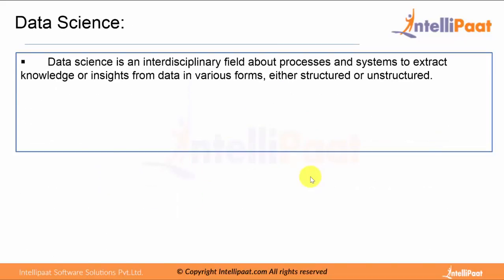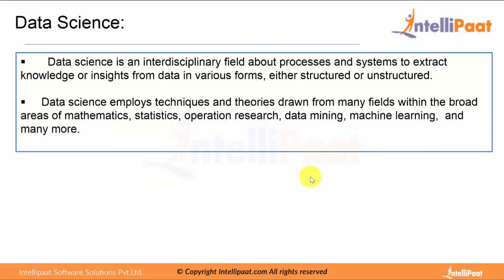Now, okay, these are the problems. How can data science help organizations address these problems? Data science is not about a tool or a software. It takes concepts, theories and techniques from many fields like mathematics, statistics, operations research, data mining, machine learning, and many more, and applies them on the data to find hidden insights and come up with some approximations.